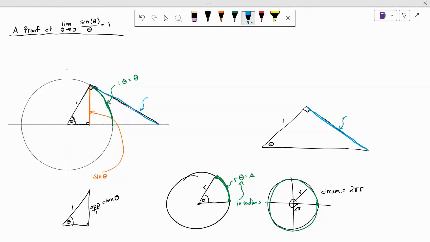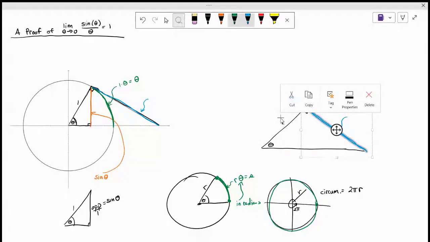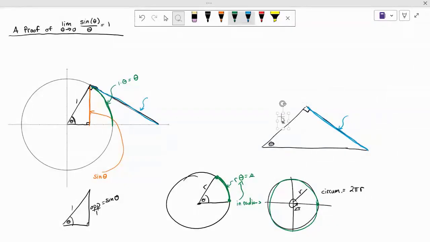You have angle theta. You know one of the sides has length 1. And that side happens to be adjacent to our angle theta. So this is the adjacent side relative to our angle. And we're interested in the side that's opposite our angle.